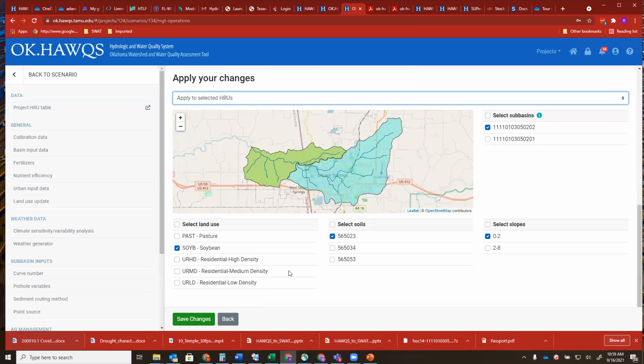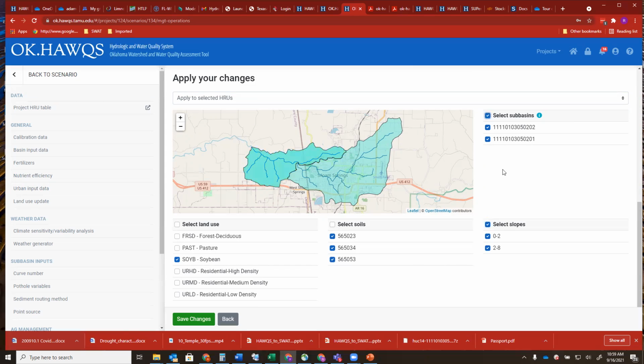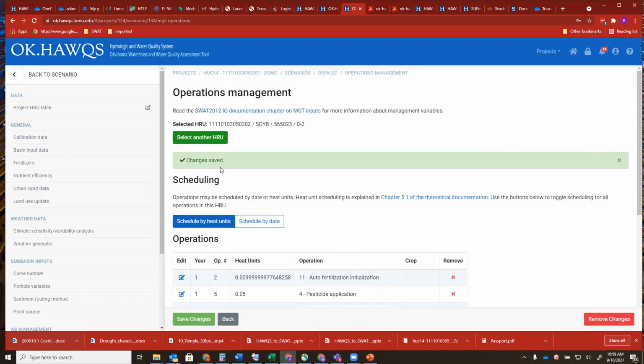Same thing actually here. I want to apply to only the soybean field, in all soils, or all slopes, in all subbasins. Okay, so I'm applying for the entire watershed. I'm converting from soybean to corn with the management I just talked about actually. And you can simply say save this. So it saves changes.